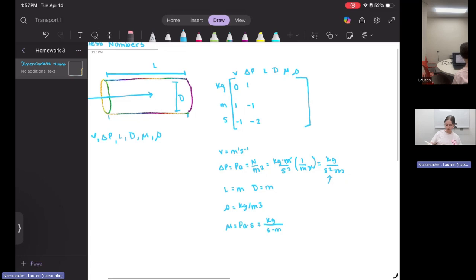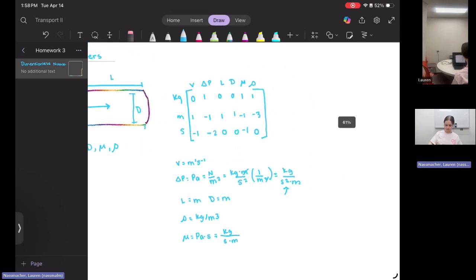So let's put that into our matrix. Our length has nothing in kilograms, 1 in meters, nothing in seconds, so it is our diameter. Our viscosity has 1 kilogram, -1 meter, and -1 seconds, and our density has 1 kilogram, -3 meters, and 0 seconds.